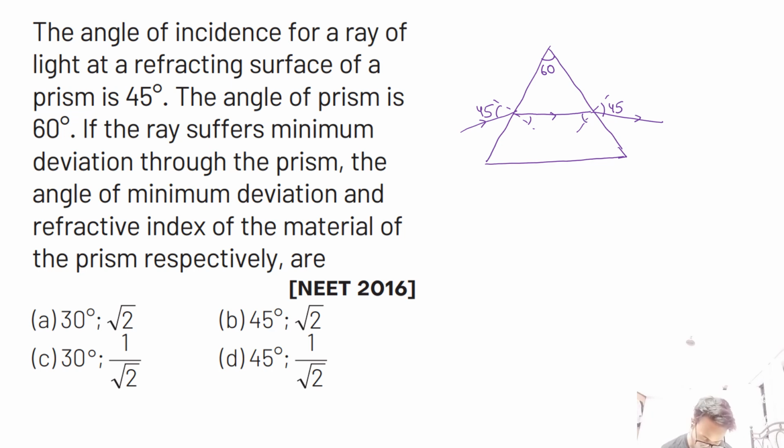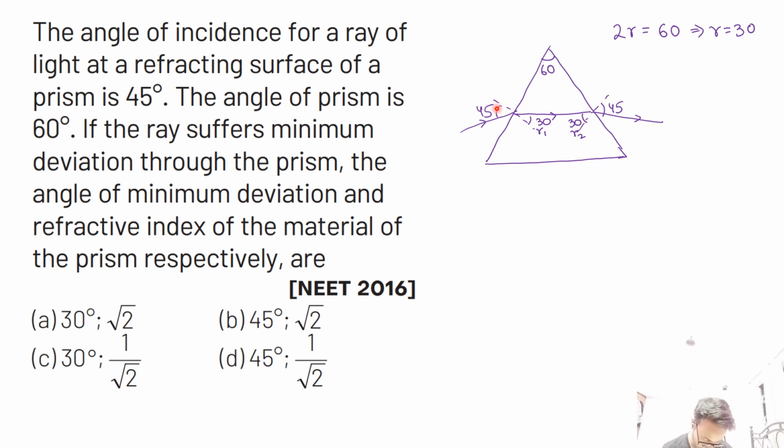We also know that R1 plus R2 is equal to A. So R plus R is equal to 60, or R is equal to 30. This is 30 degrees, this is 30 degrees. This one is R1, this one is R2, and R1 is equal to R2, because I is equal to E.